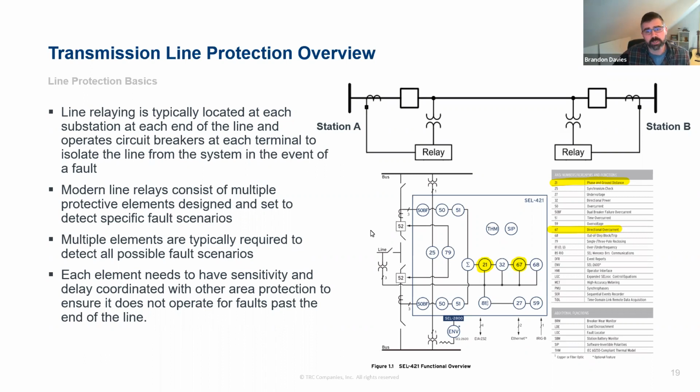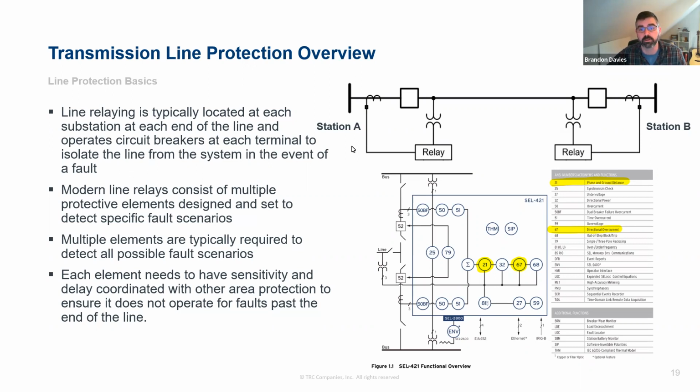So, one of the things we left off with last time is really taking a look at this transmission line protection here. So, generally, your line protection is going to be applied as a relay at each of the line terminals of your transmission line.